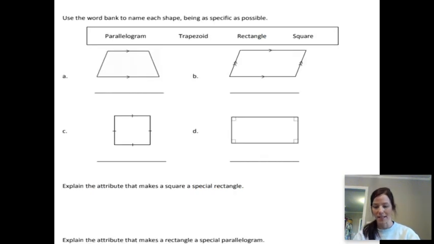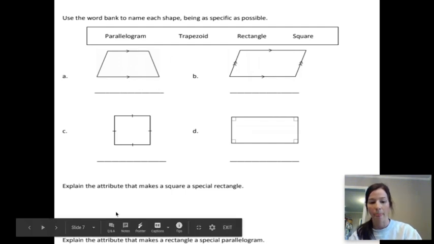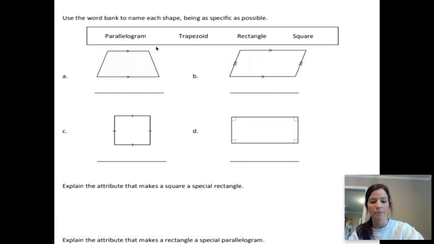All right, let's practice. So we're going to use this word bank and we're going to just do it together. This is what we would do in class. You would pause this video, so I want to encourage you to do that. And then we're going to talk about how each of these shapes has specific names. So looking here, I am using my knowledge of what Miss Holly just said.